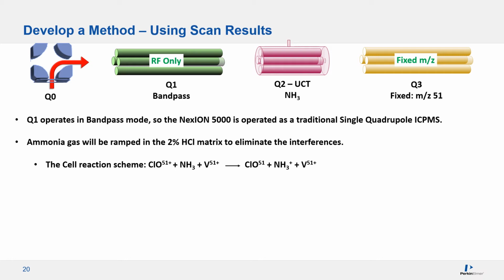So the NexION is operating like a single quadrupole ICP-MS, and we can play with the gas in Q2, in this case, pure ammonia. We can change the flow rate of ammonia or ramp the flow rate of ammonia for this blank matrix to see how much it takes to get rid of the ClO. And so our mass 51 is free from interference.